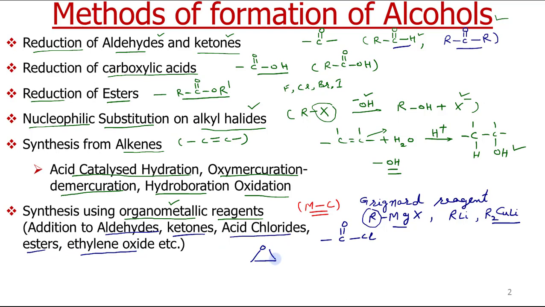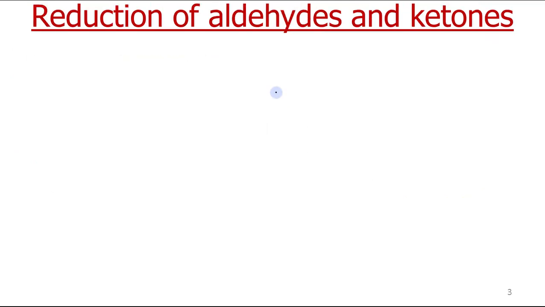So when organometallic reagents react with acid chlorides, epoxides, aldehydes or ketones, esters, we can get alcohol. We will study these methods in different lectures, but today our main focus is reduction of aldehydes and ketones. So let us discuss it in detail.